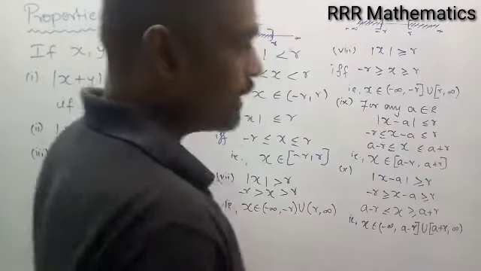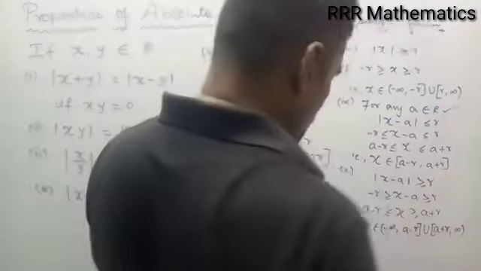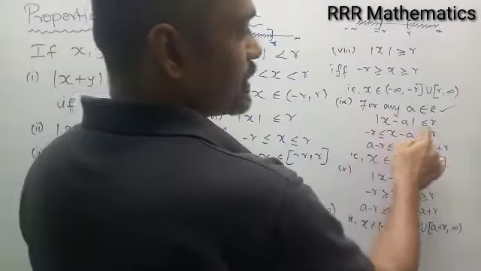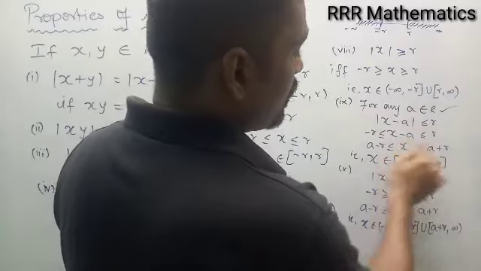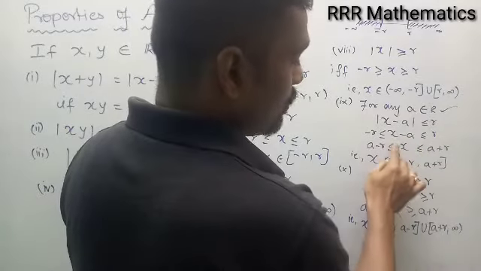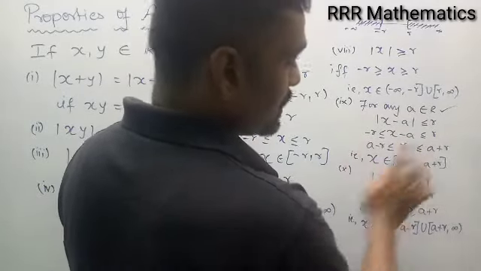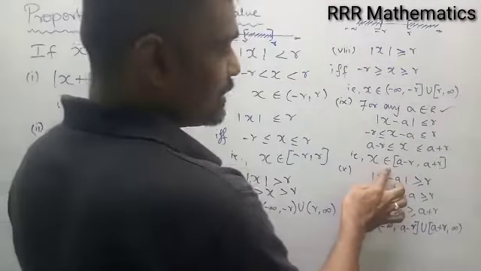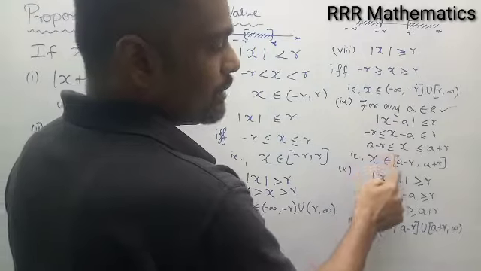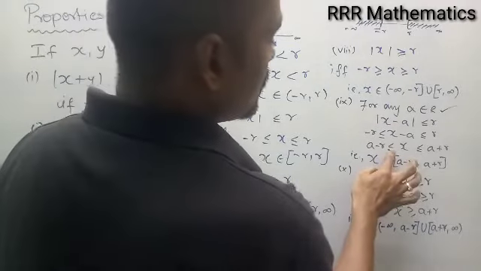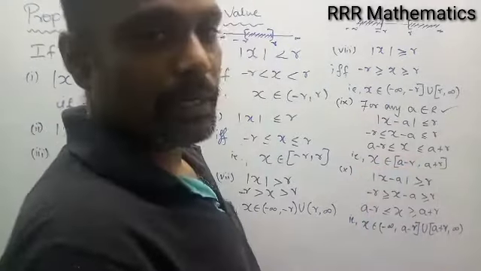Okay, for any a value belonging to R, same, mod x minus a less than or equal to r. So write the value inside the modulus, same inequality on both sides, negative to positive. I need x, so minus a comes here as plus a. So in this case the value of x lies between a minus r to a plus r. Equal sign, closed interval. If it is less than alone, I will use open interval.